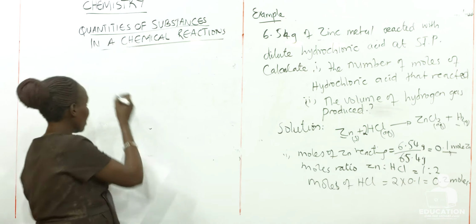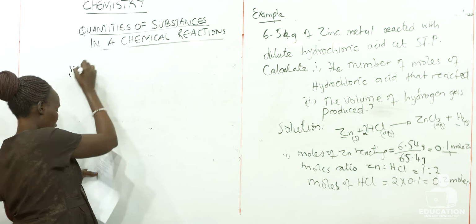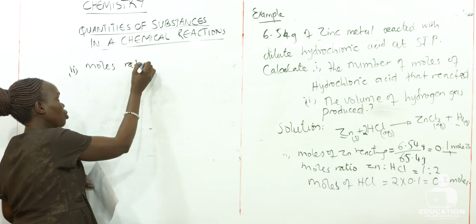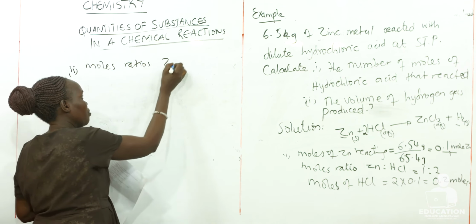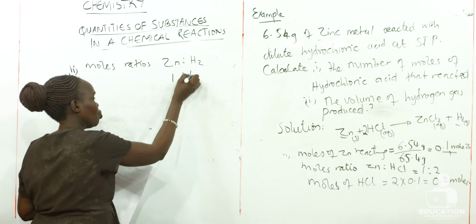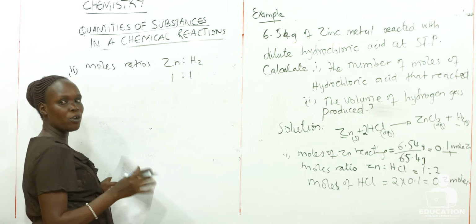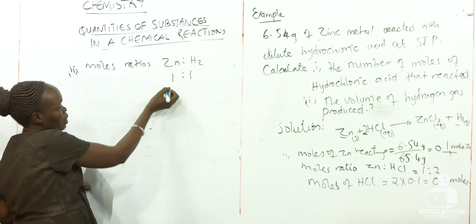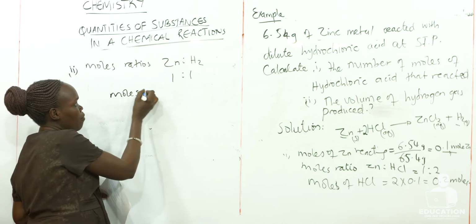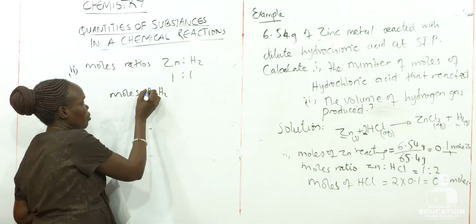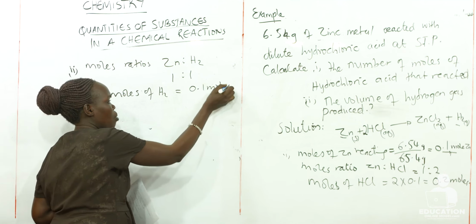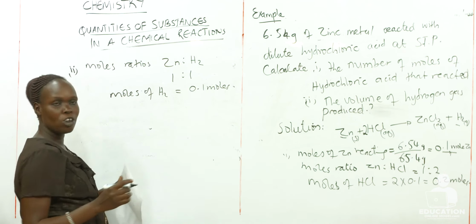So in the second request, the mole ratio of zinc to hydrogen gas will be 1 to 1. So the number of moles are going to be the same. The moles of hydrogen will be equal to 0.1 moles.